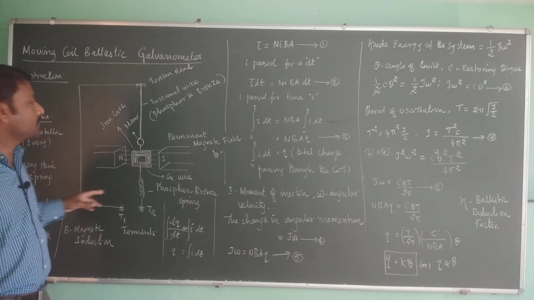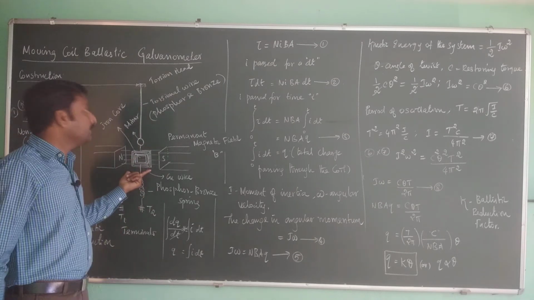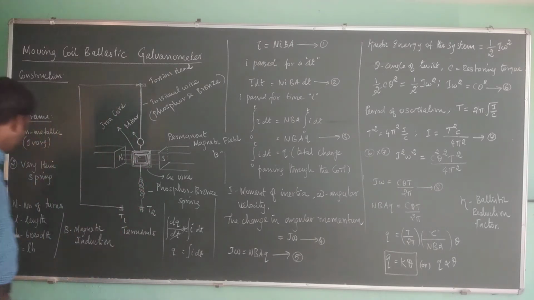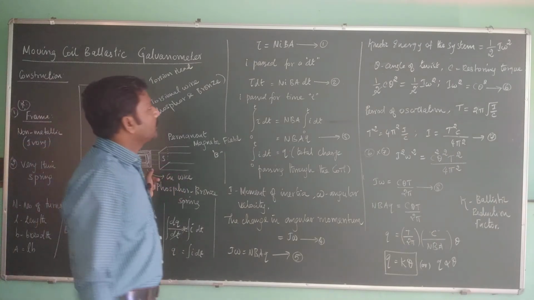The number of turns is n, the momentary current passing through is I, B is the magnetic induction, and A is the area, obtained as the product of length and breadth of the rectangular coil.